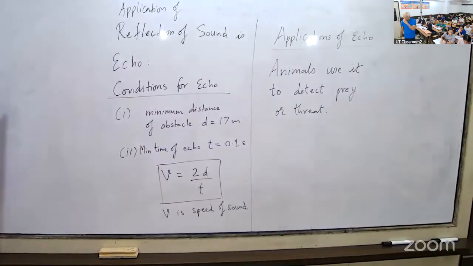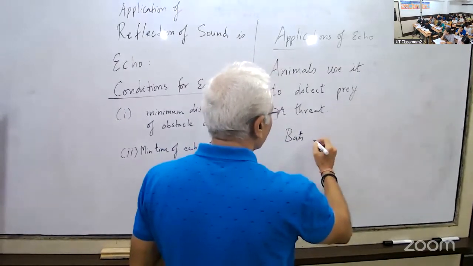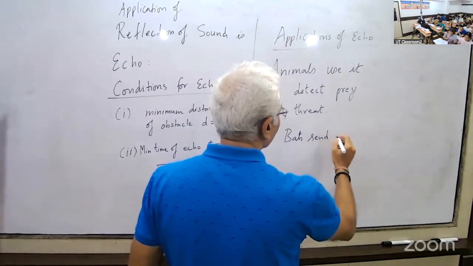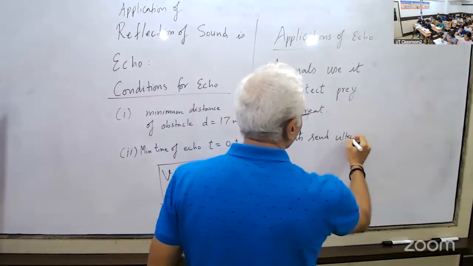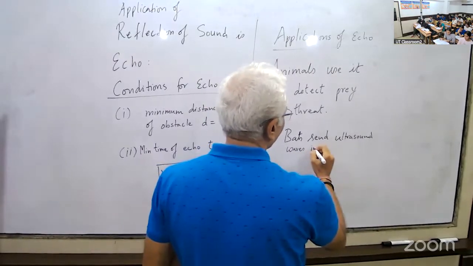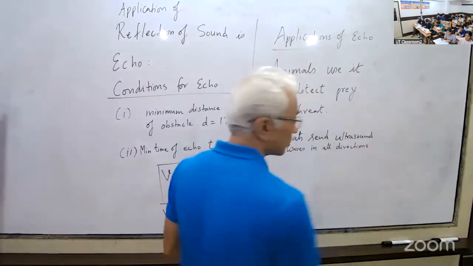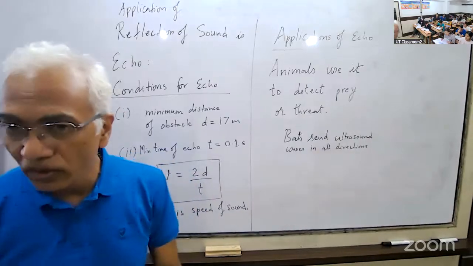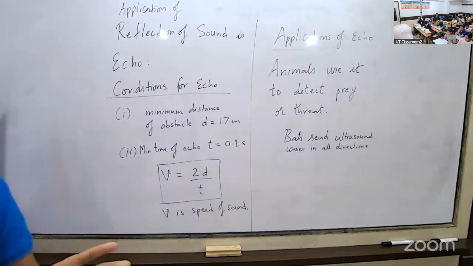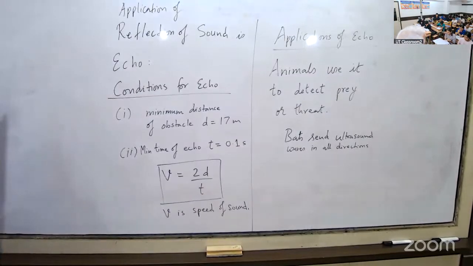So how it does is, bats send ultrasound in all directions, and from the nature of reflected sound, they will sense whether the reflection is coming from a threat or from a prey.